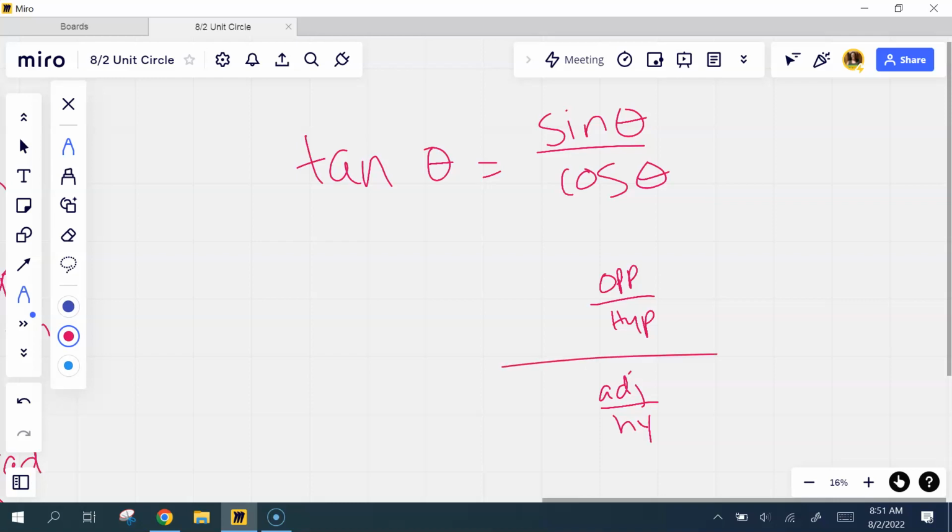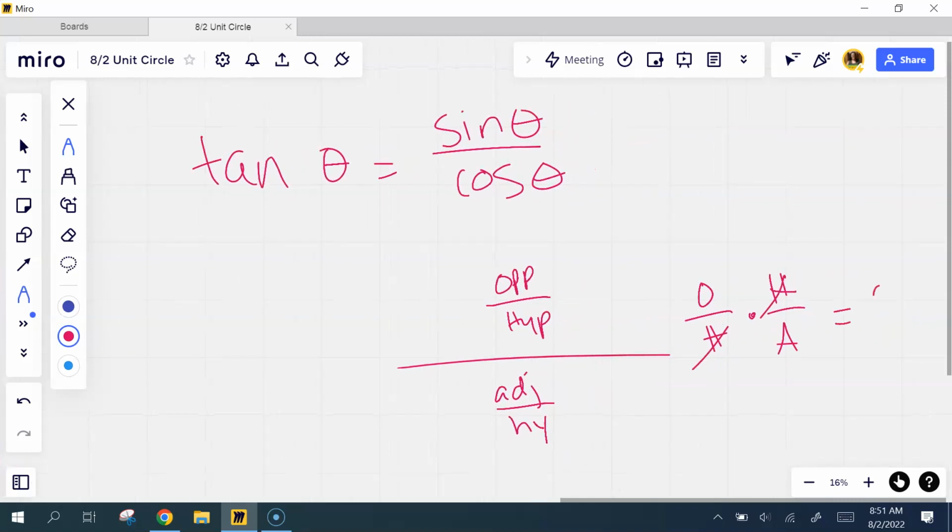So if I divide these two, if I take a fraction divided by another fraction, I'm really multiplying by the reciprocal. So if I do opposite over hypotenuse times hypotenuse over adjacent, they cancel, and I'm left with opposite over adjacent. That's why this works, is sine over cosine.